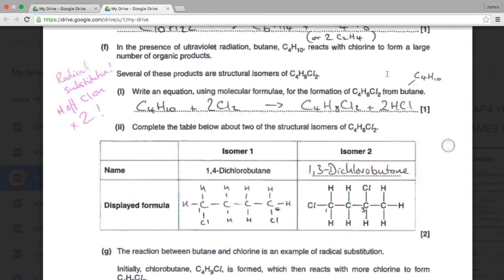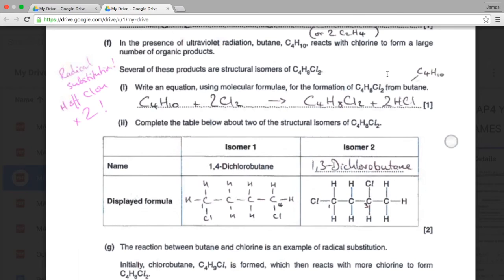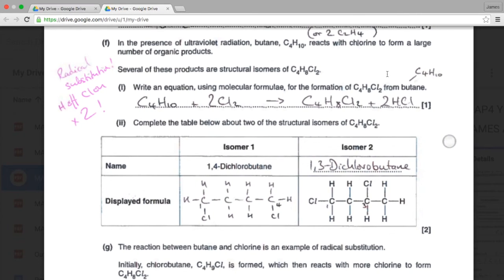And now a question about the reaction of butane with chlorine in the presence of UV radiation. So straight away, hopefully that's reminding you that it's radical substitution or free radical substitution. Substitution reactions involve something coming off and something going on. So hydrogen's going to come off, chlorine's going to come on.